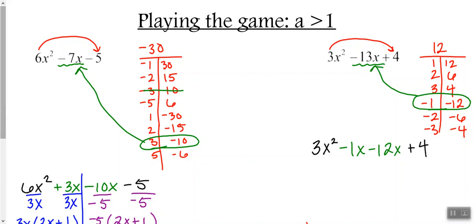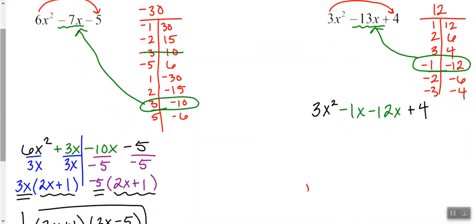So again, the only thing that changes is the middle. All right, now I'm going to split because I have my grouping. GCF of my first 2 is x. So x goes in front of parentheses. And I'm left with 3x minus 1. GCF of the second 2. First number is a negative, so my GCF will be negative, and it's going to be negative 4 in this case.